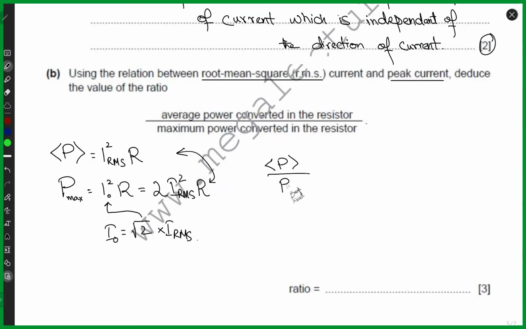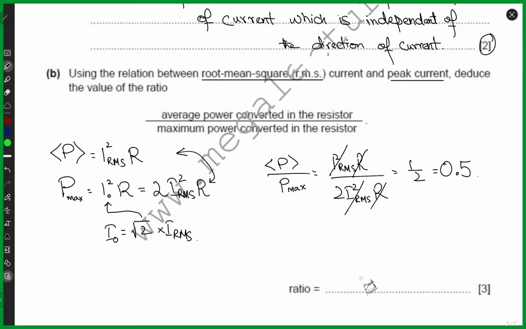If I take this ratio to P max, I get I squared RMS R divided by 2 times I squared RMS R. I squared RMS will cancel, R and R will cancel. You're left with 1 by 2, which is 0.5. So the ratio is 0.5. So half of the maximum power is converted in the resistor.